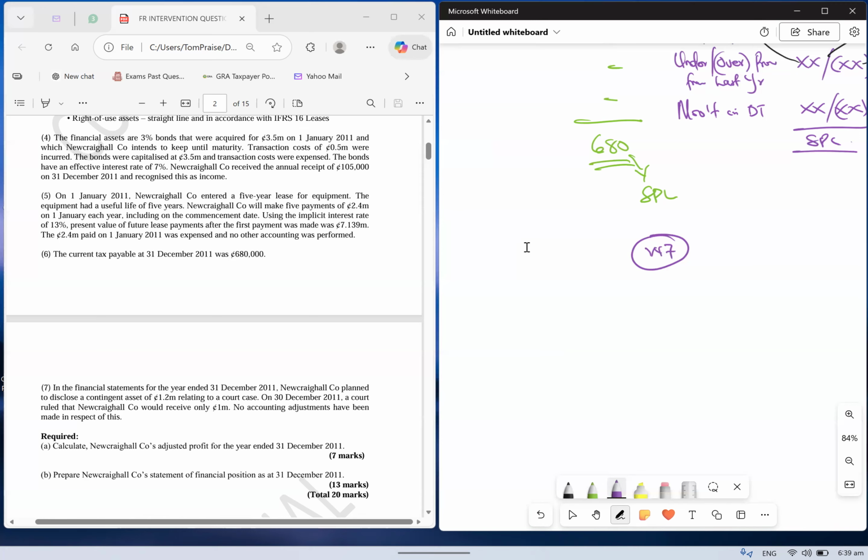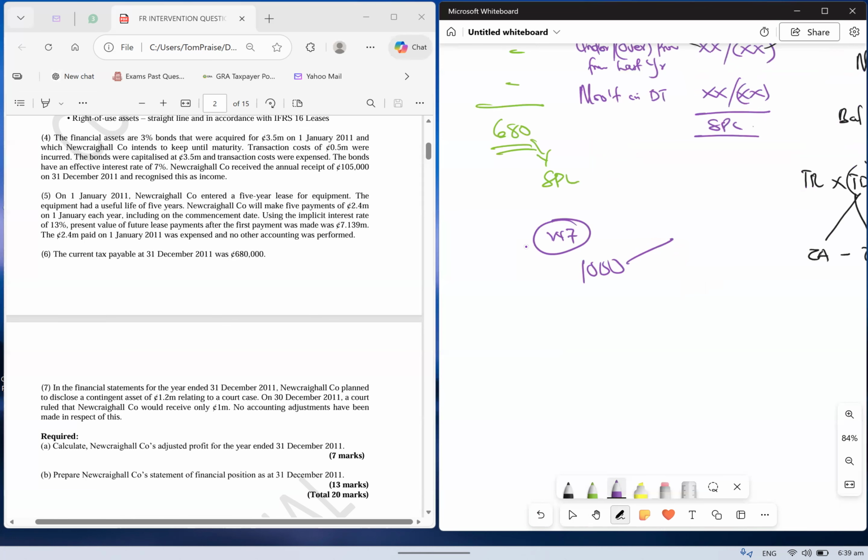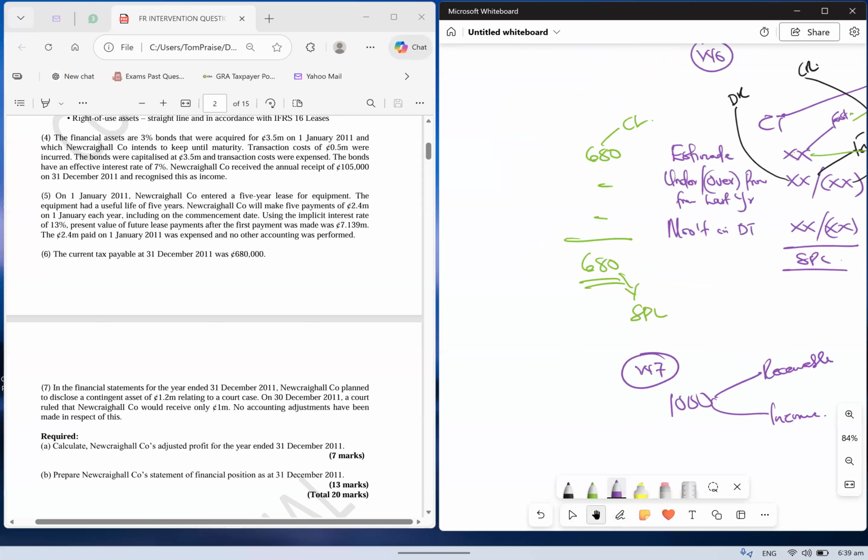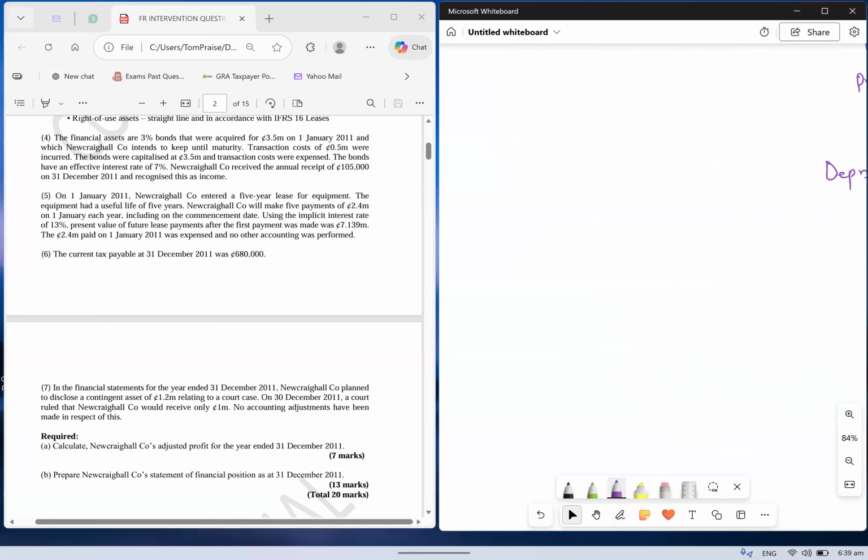No accounting adjustment has been done. So it means that we need to do it. That 1 million they will receive is a receivable, and at the same time an income, because they are going to get that money. So in our SPL, we need to add it to our income.